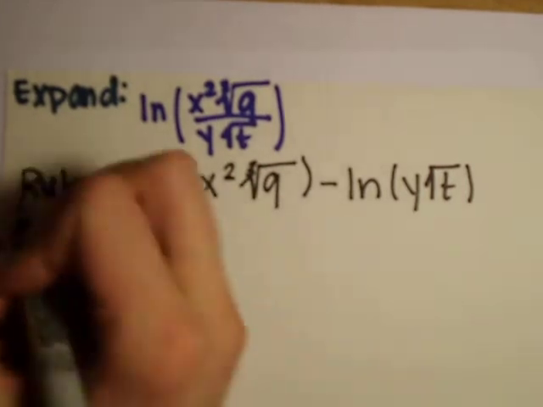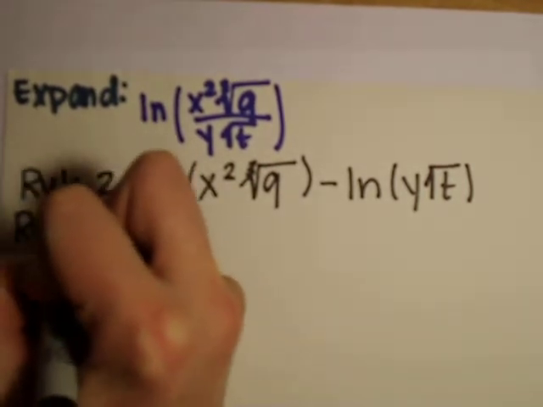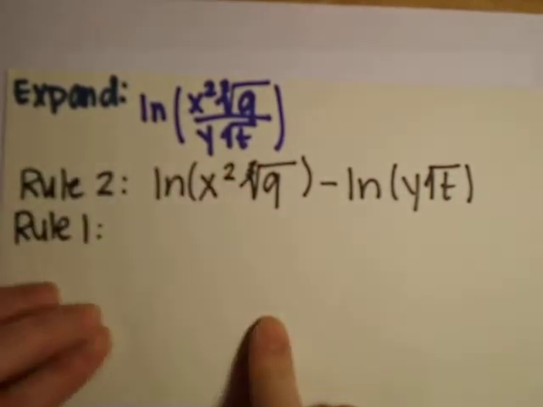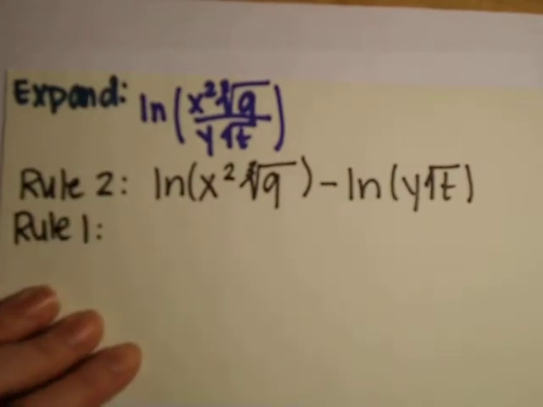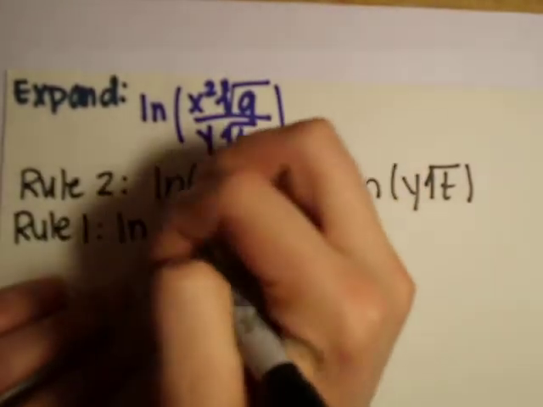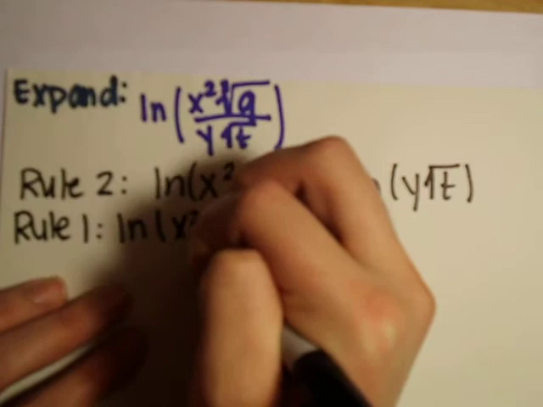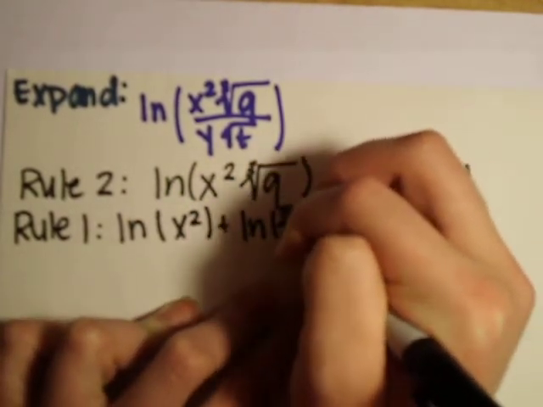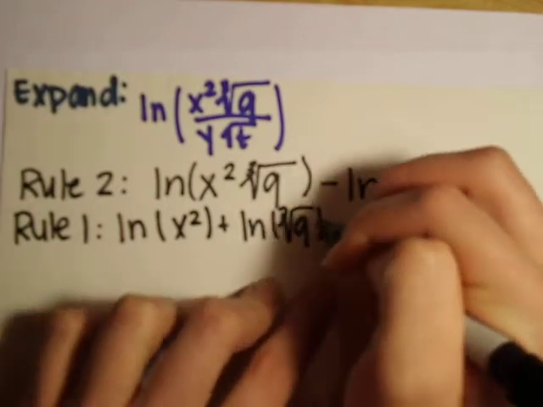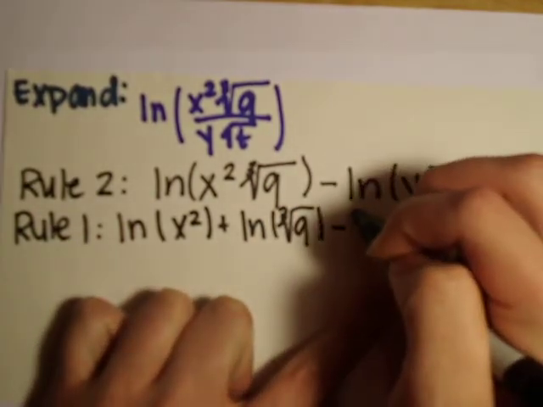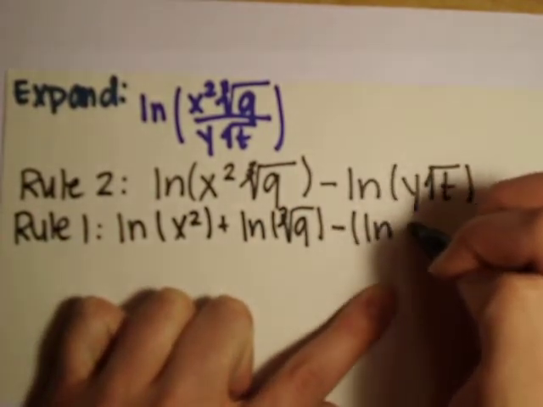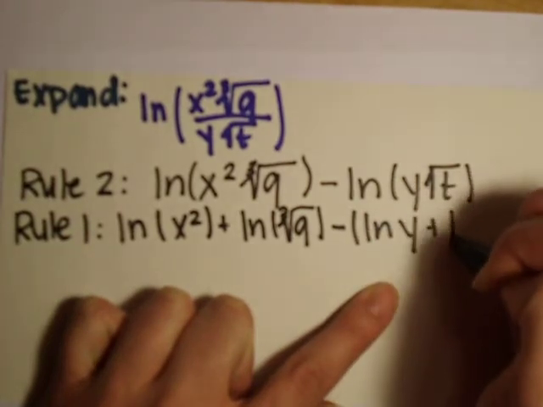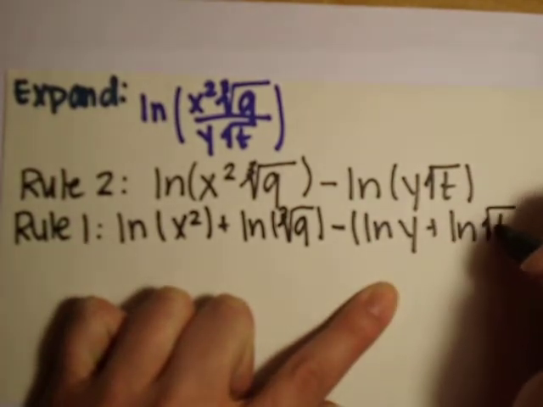Next, we're going to use rule 1, which is our product rule. So we'll have ln of x squared plus the natural log of the cube root of q minus the natural log of y plus the natural log of the square root of t.